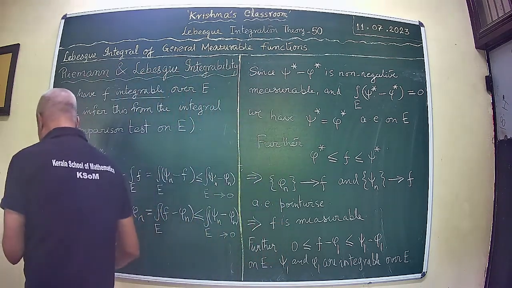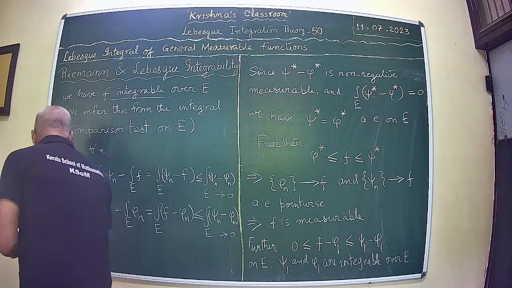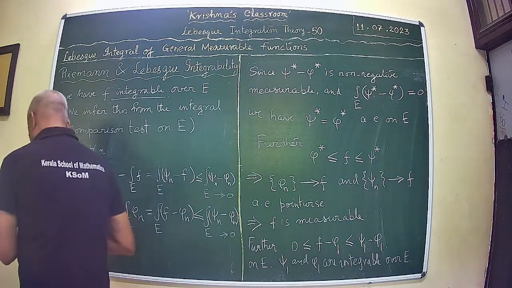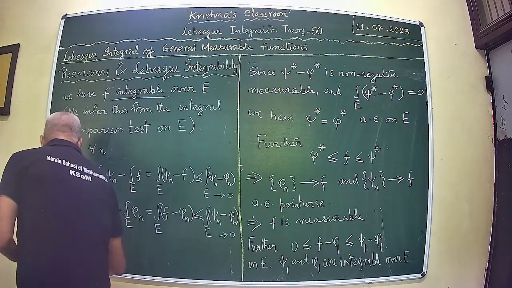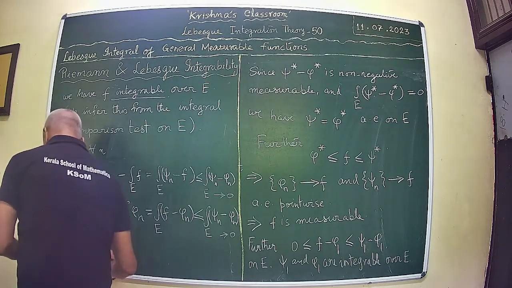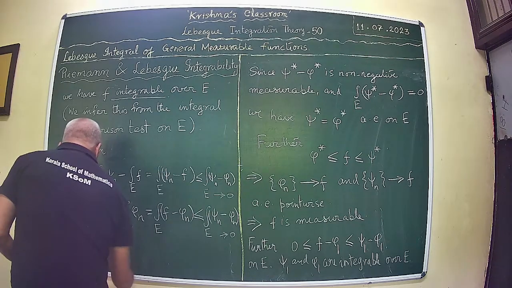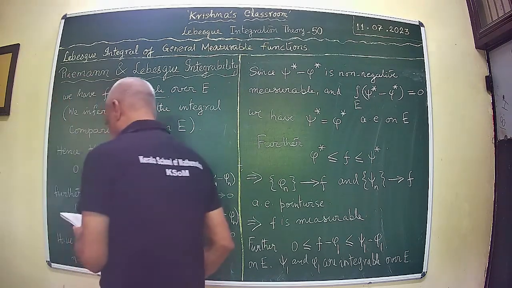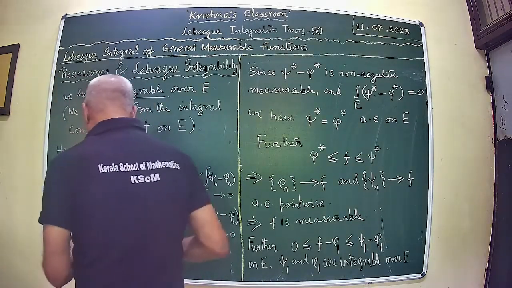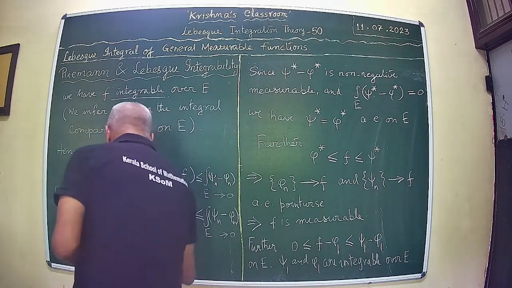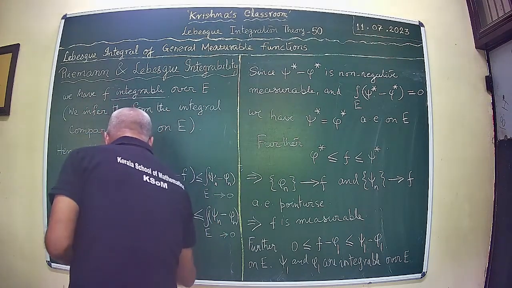You have limit n tending to infinity integral over E f, which is equal to limit n tending to infinity of integral over E phi n, and also equal to limit n tending to infinity of integral over E psi n.